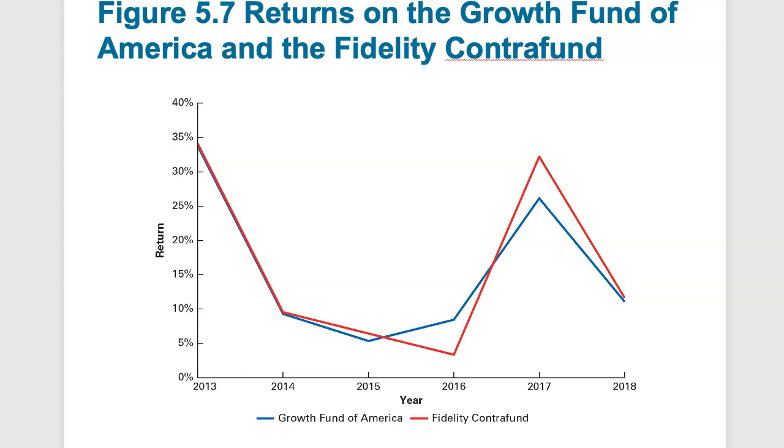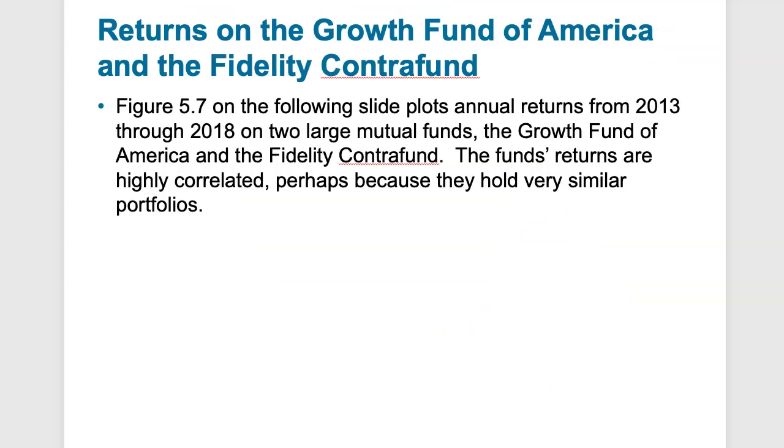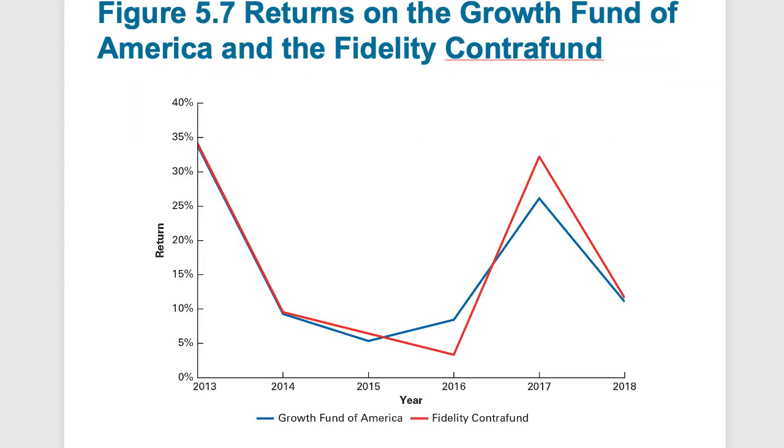Now this is figure 5.7. So in 5.7, we're going to plot the annual growth from 2013 to 2018 of two large mutual funds: the Growth Fund of America and the Fidelity Contra Fund, which is a very big, multi-billion-dollar fund. So the funds' returns are very highly correlated because they have very similar portfolios of big companies in their mix.